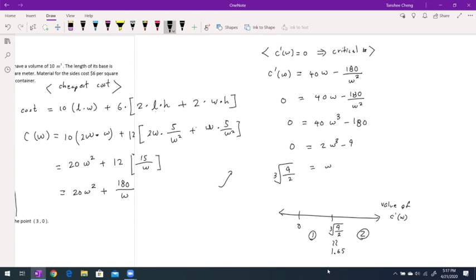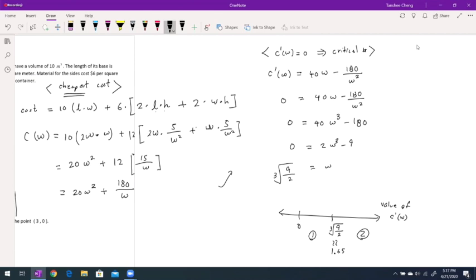Okay, so let's continue. After you simplify this cost function, I got 20W squared plus 180 over W. We want to find out the minimum, because we want the minimum cost.